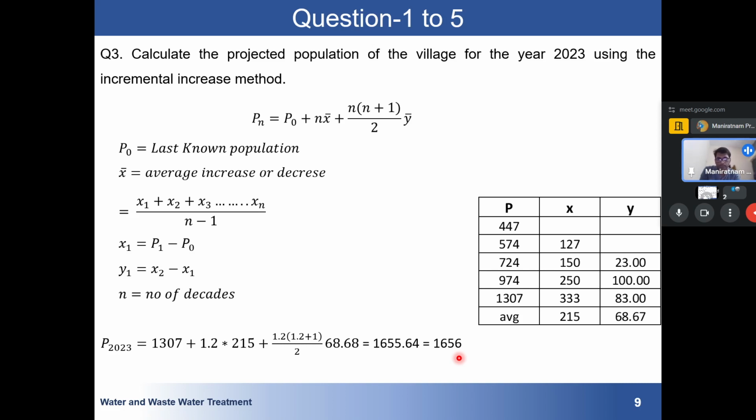They will ask questions on geometric, arithmetic, rarely, I think they have asked only once or twice on this incremental increase method.